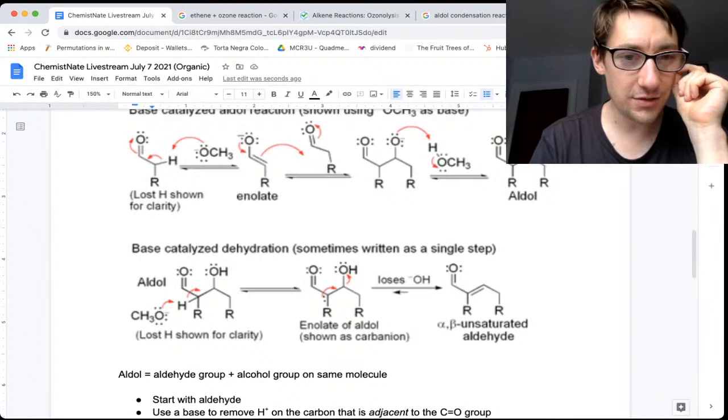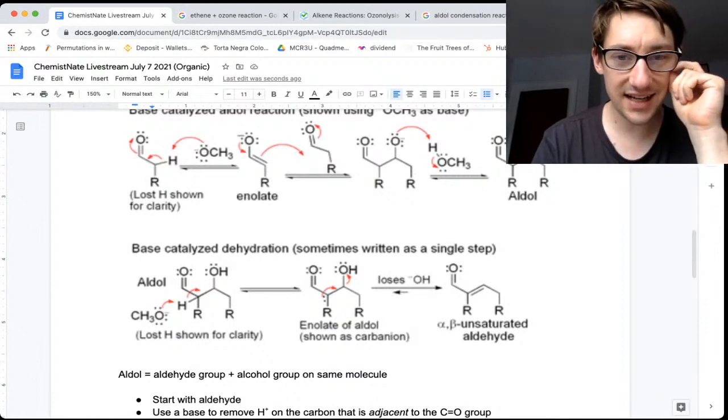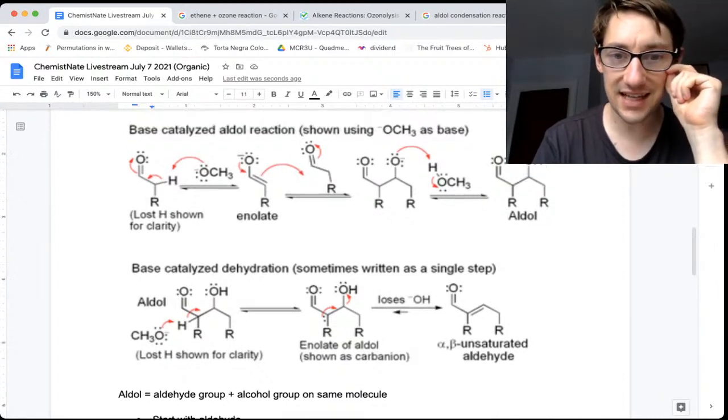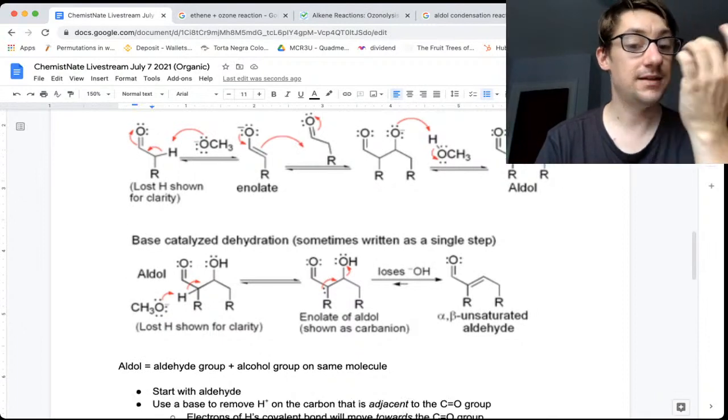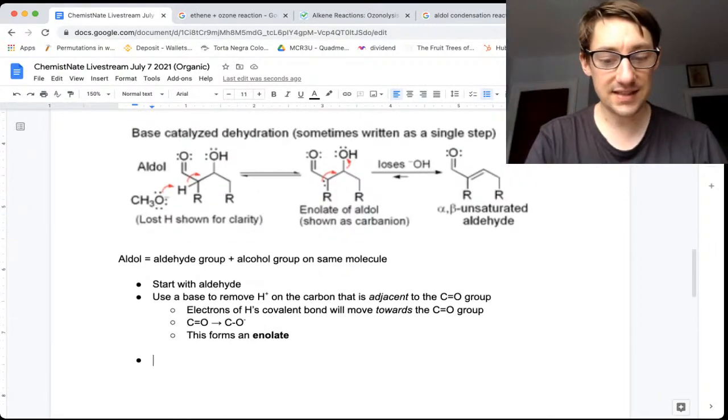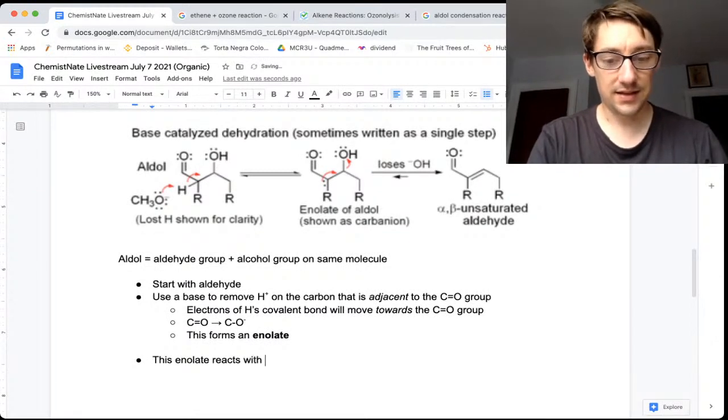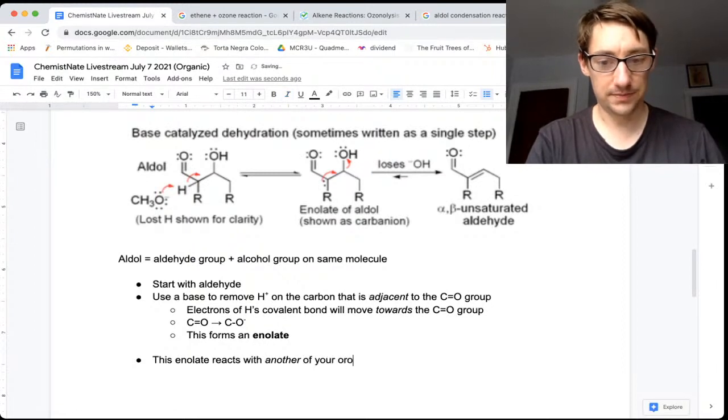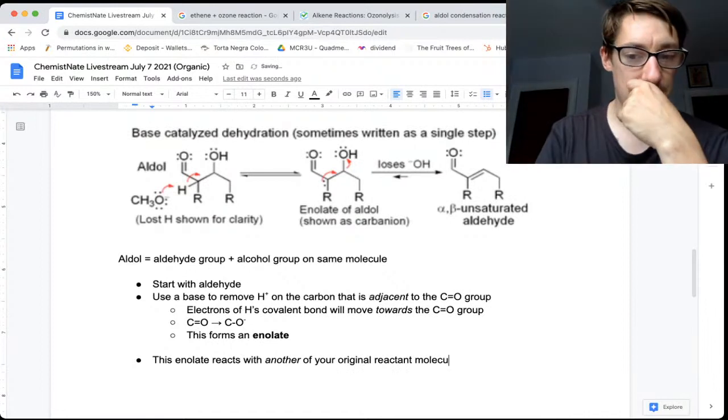Then you're going to do that to a second version of that same molecule. This enolate reacts with another of your original reactant molecules.